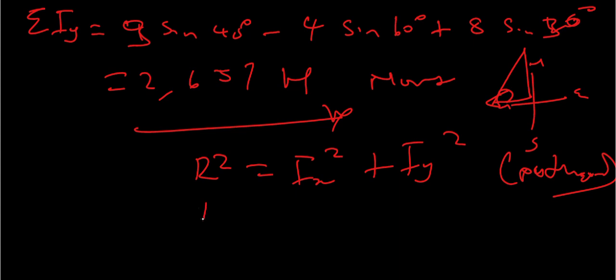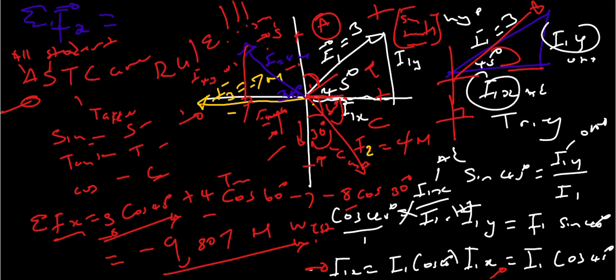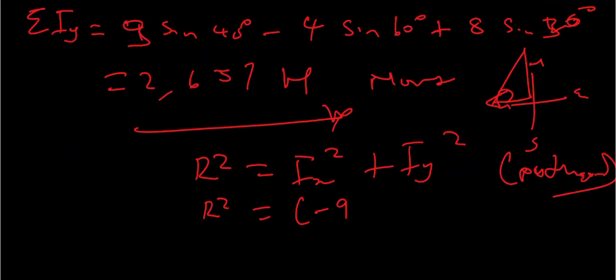Okay, so R squared is going to be F of x, remember we got negative 9.807, all squared, plus 2.657 all squared. So we're going to punch this on the calculator.